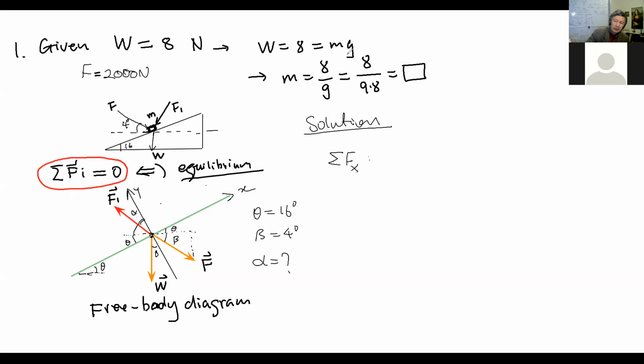How many X components should be taken into account? There's 1, 2, and 3. That's right. There are 3 forces, therefore there are 3 X components. So do the Y components too. You must find the 3 components first.